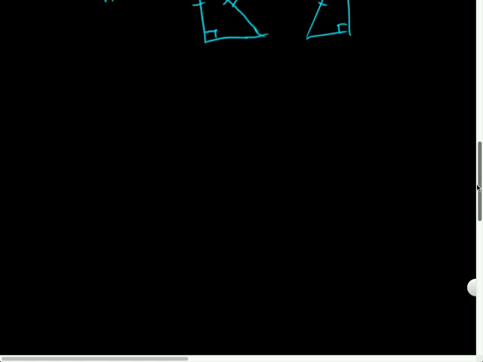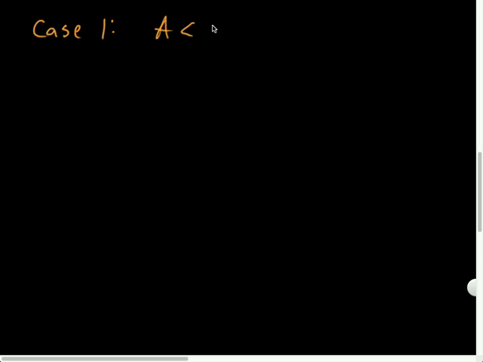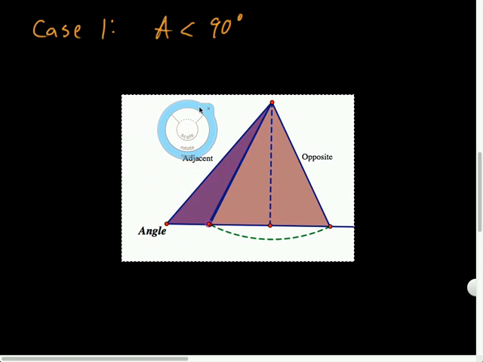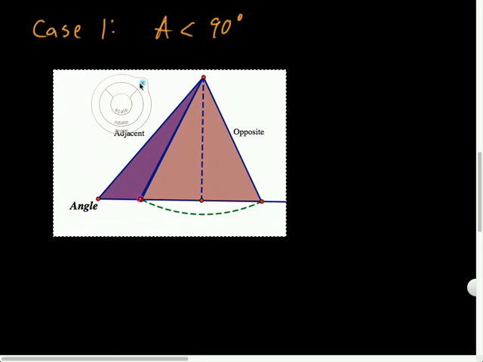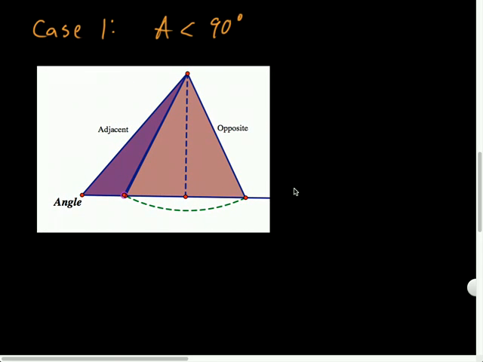All right. So let's talk about the ambiguous case of the law of sines with acute angles. I'll call this case 1 if your angle, I'll just call it A, is less than 90 degrees. And that looks like this, roughly. I use angle, adjacent, and opposite as my language just to make things make more sense.